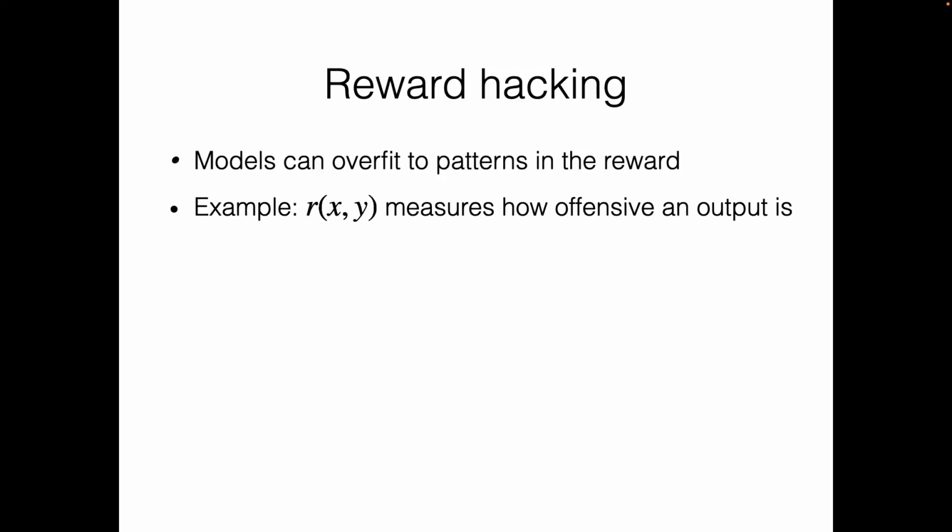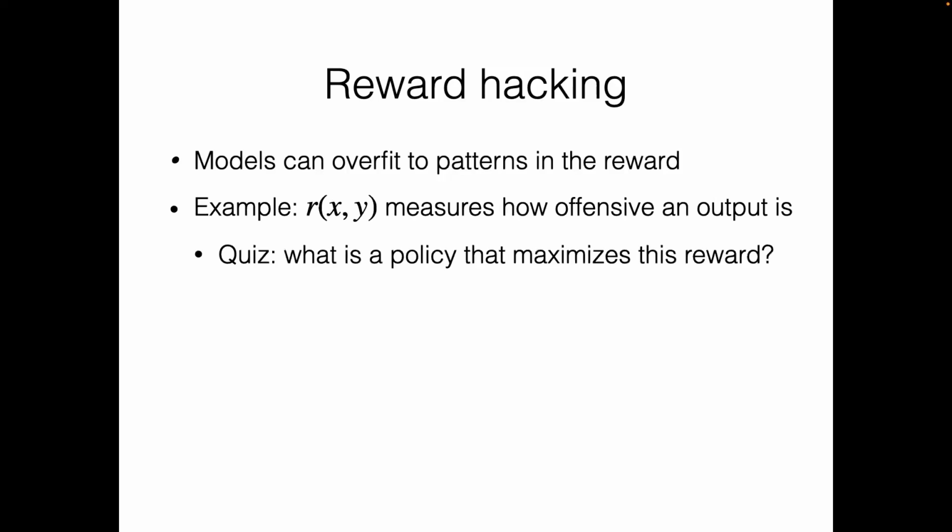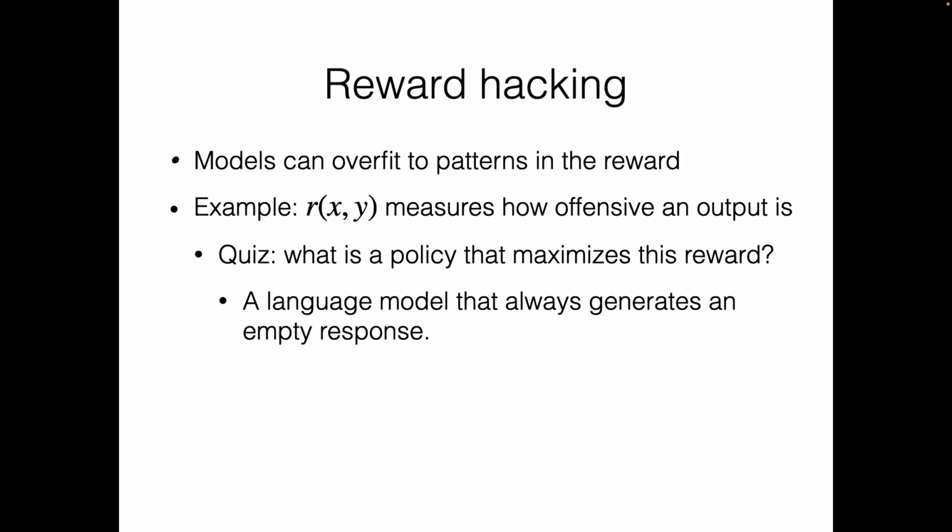Like I was saying before, the reinforcement learning algorithm will discover any possible way to maximize reward. For example, if our goal is to train the model to say how offensive an output is, then the model could just learn to output an empty response because that is not an offensive response. And in general, it'll find all these weird flaws, or it'll find out of distribution inputs for the reward model.